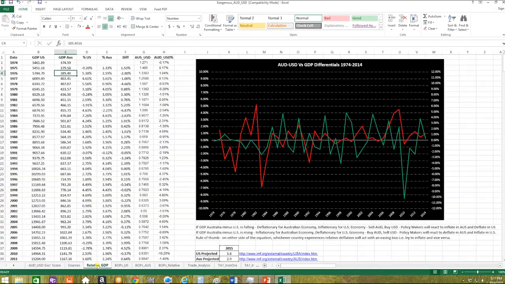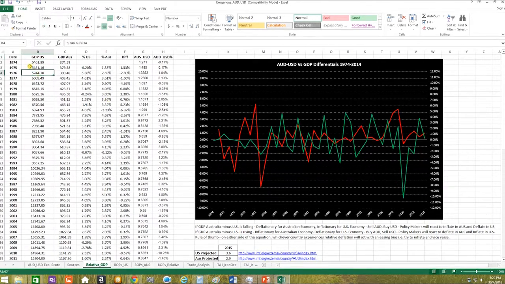Now, if we go into relative GDP growth, we can start to look at the rows and columns of our data to get a sense and understanding of how we work things out. So we start off on the left-hand side here in column A, and it's pretty obvious what's there. We've got the date set annually from 1974 onwards. In column B, we have the value of US GDP.